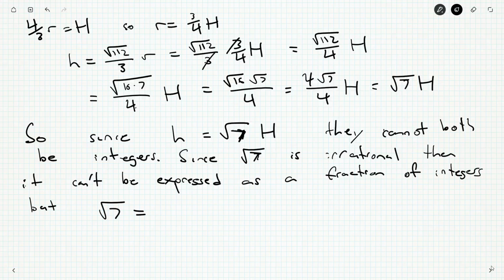But root 7 would exactly be little h over capital H. So they can't both be integers. That would be a fine way to say it.